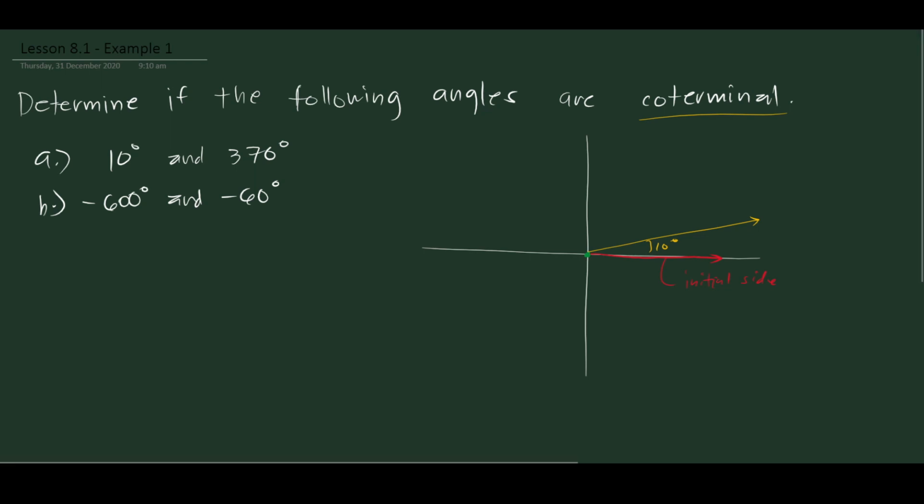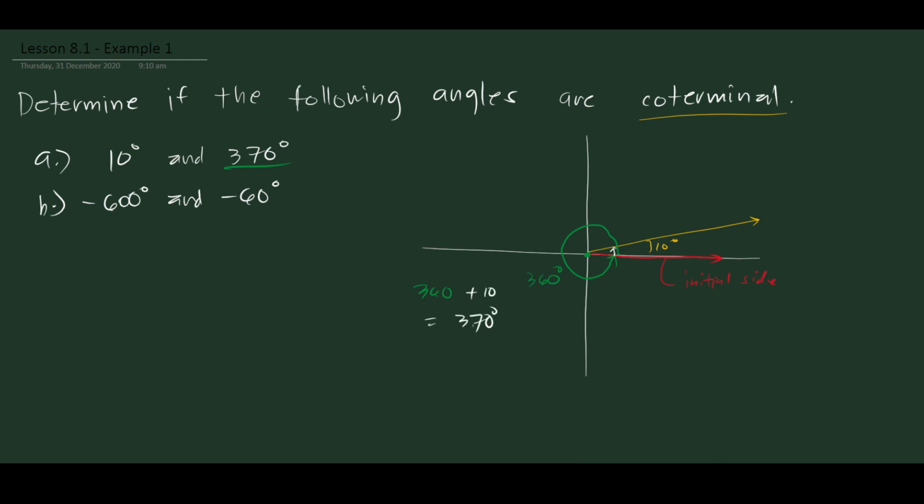We know that from the initial side right here, which is 0 degrees, if we rotate a full revolution, right, this is 360 degrees. And since we have 370 degrees here, we need to rotate counterclockwise more by 10 degrees, so that we have a total of 360 plus 10, so you will get 370 degrees.